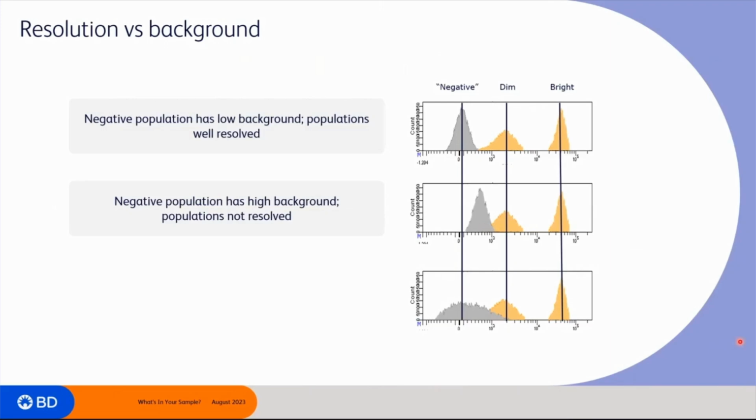Maturing myeloid cells in bone marrow have high background and express a range of CD117 during maturation. The stain index or overall brightness changed because the negative population, with high background, has shifted to the right. So as you can see, the dim population is not well resolved.